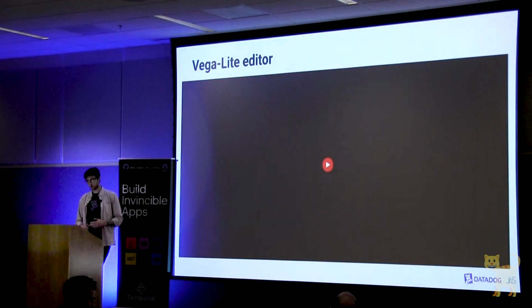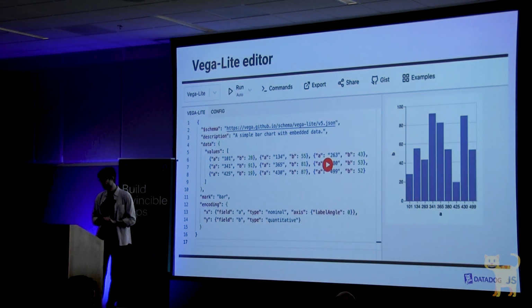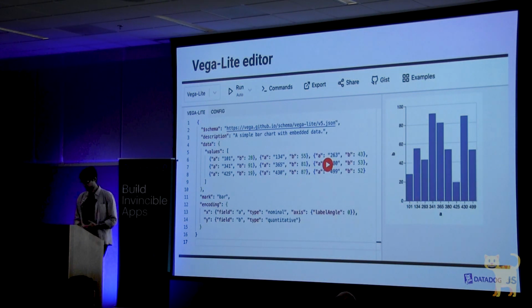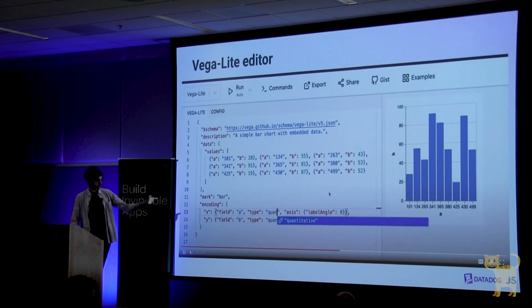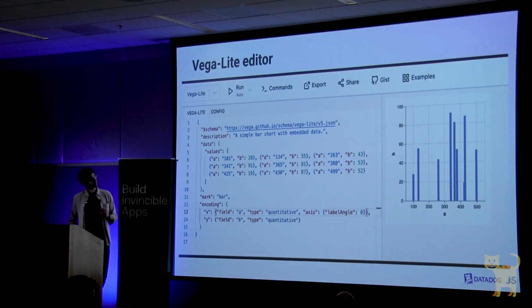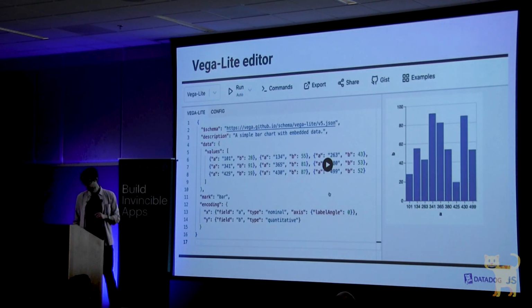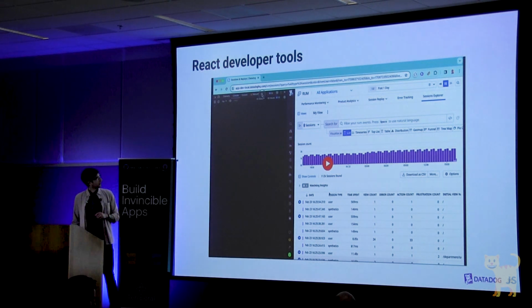I also want to talk about two external dev tools that I like and which save me and my colleagues a lot of time. If you're writing a Vegalite spec, the online Vegalite editor has a sandbox like this where you can get instant feedback on code changes. You change a line, and you immediately see your graph update. And we also use React Developer Tools, which has its own Chrome extension.